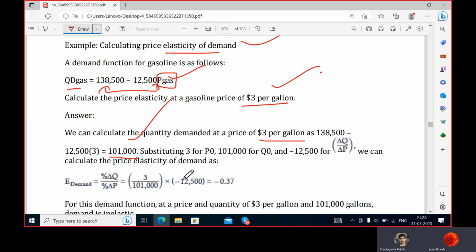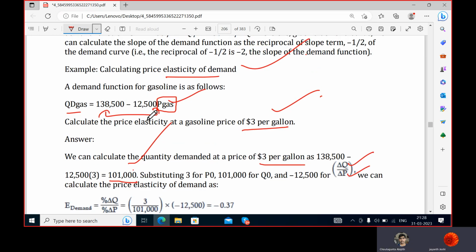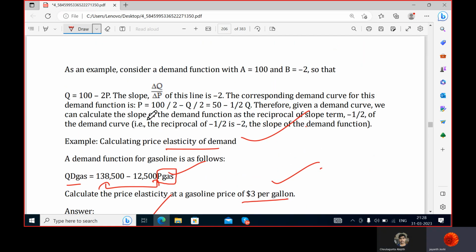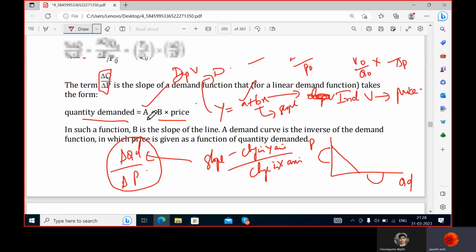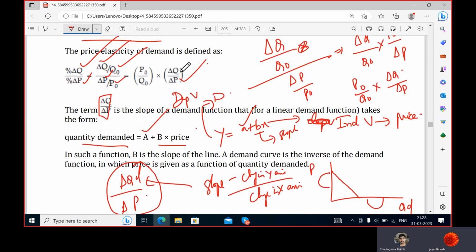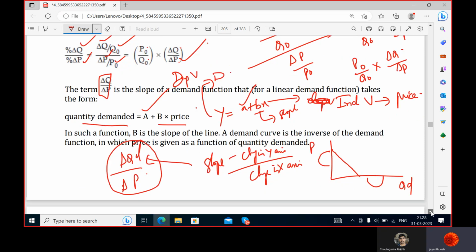Yes, you can. So you can directly put in the equation: change in quantity by change in price. Fine, that we have got. And what was this 12,500? They have made an equation here. We can directly take that: change in quantity demanded by change in price, times base price by base quantity.